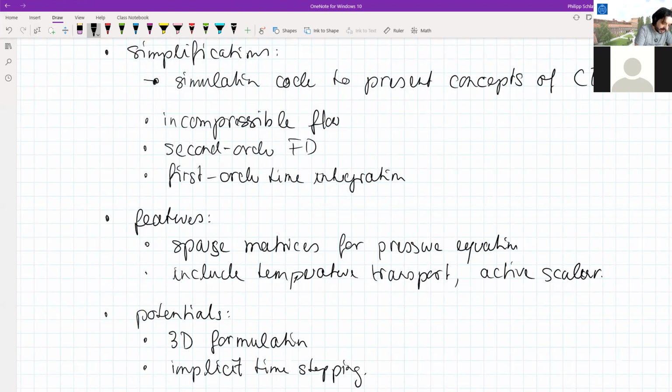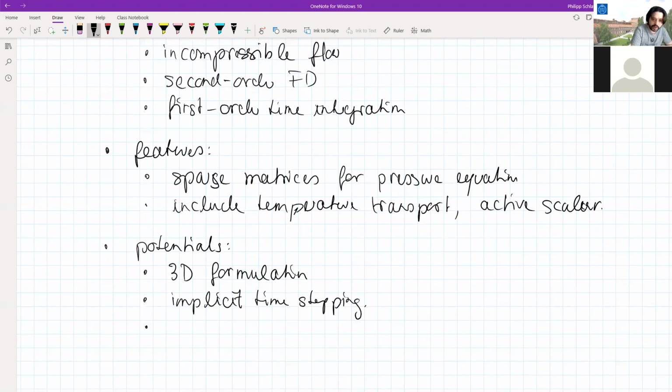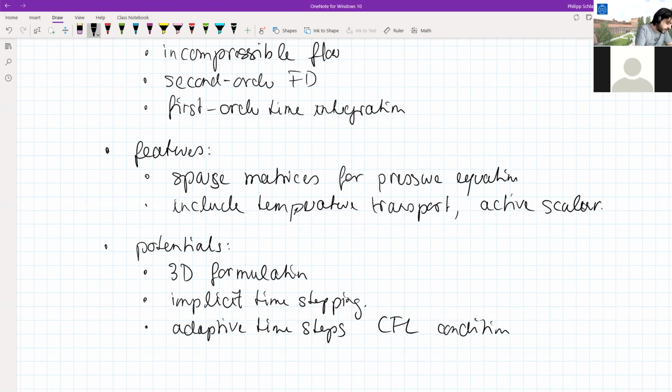That's something that we will see later on also, why this is a slight problem here, particularly when you look at low Reynolds numbers, why an implicit time stepper would actually be interesting. And of course, what you could also do is to perhaps look at some adaptive time steps, for instance, using a CFL condition.